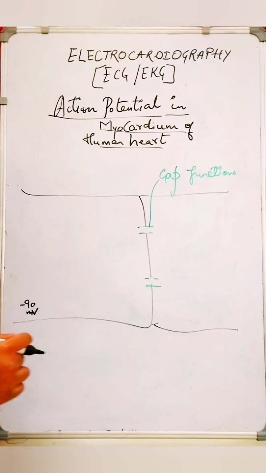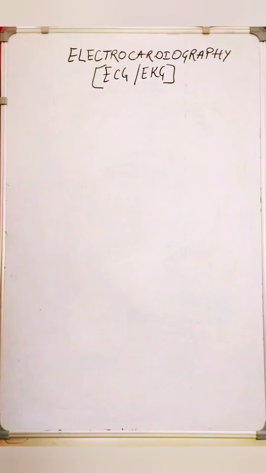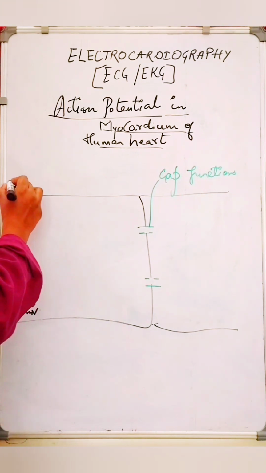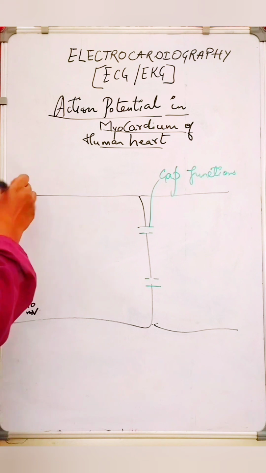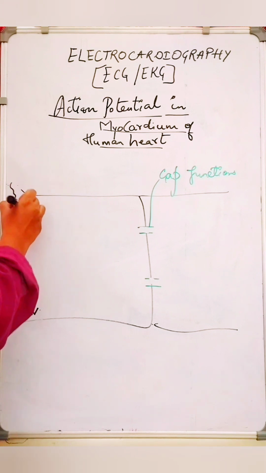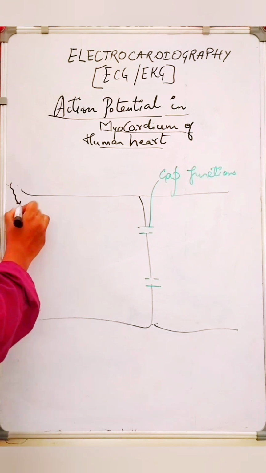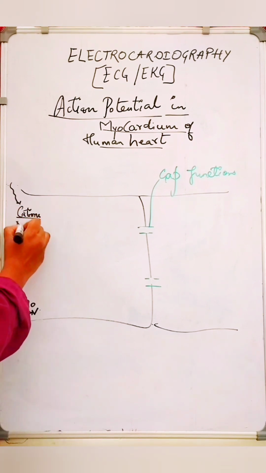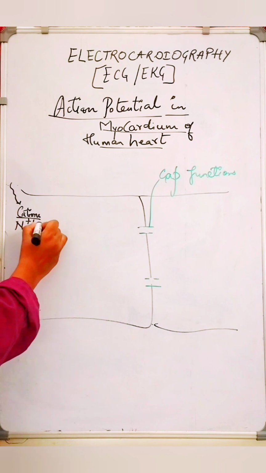Now, imagine there is some trigger, some kind of impulse generated. Let us say the impulse is created because there is an influx of some kind of cations. Cations could be sodium ions or calcium ions.